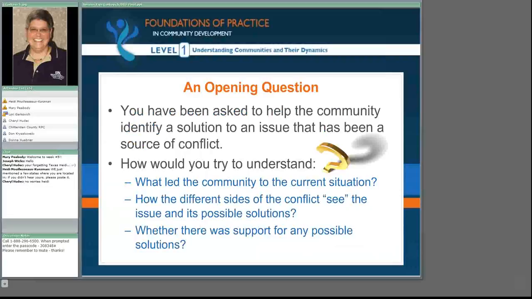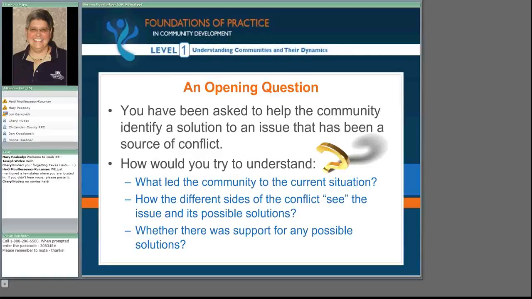How do different sides of the conflict see or give meaning to the issue and think about possible solutions? And I think it's also important to figure out, and a situational analysis can help us do that, is there support for any of the possible solutions that we might identify? So I think the processes we're going to be looking at today can help us do all of this.